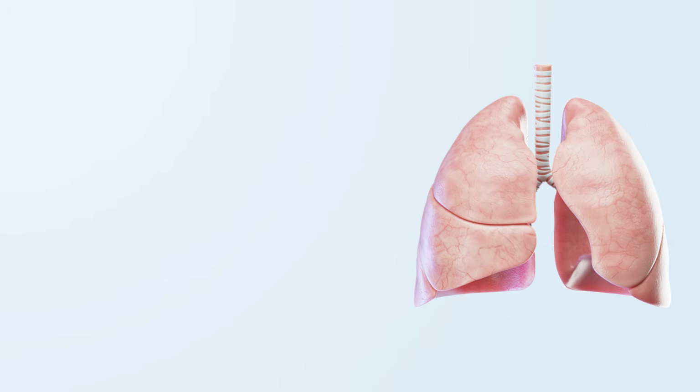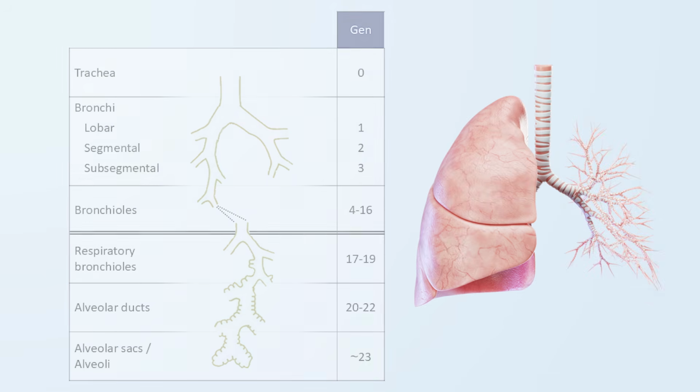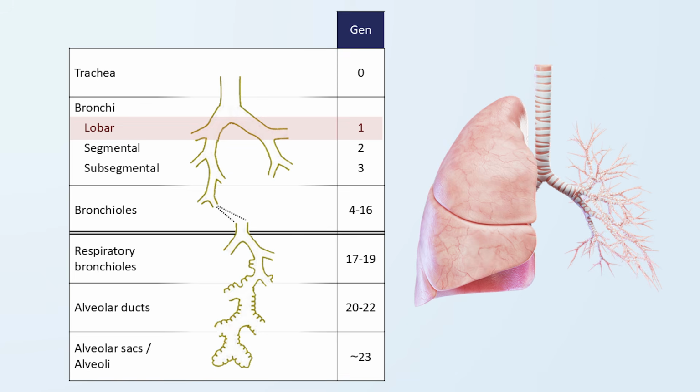Once the right and left main bronchi have entered the lungs, they continue to branch into progressively smaller airways. First into lobar bronchi, going to each of the five lobes, then segmental bronchi going to each of the bronchopulmonary segments, as recently mentioned, and so on and so forth.